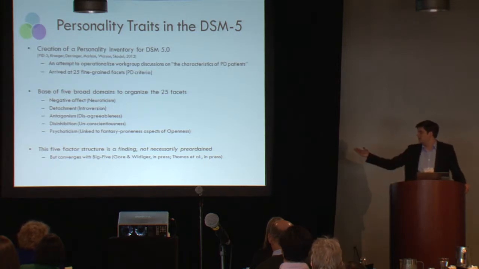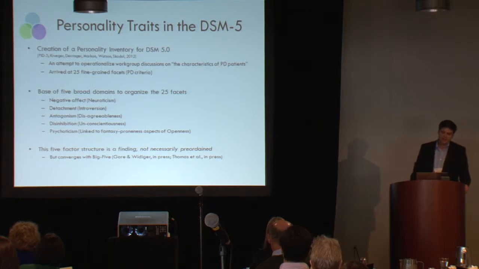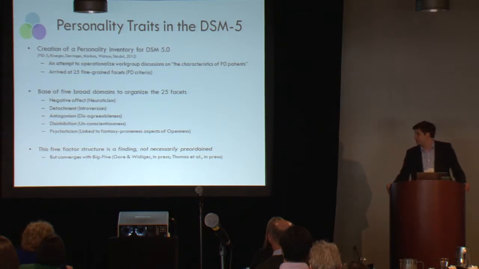There have been a couple of other studies recently that are in press with Kate Thomas and colleagues and Whitney Gore and Tom Whittaker that have looked at this and show that on a very general level this does converge with other measures of the Big 5 from basic personality science.